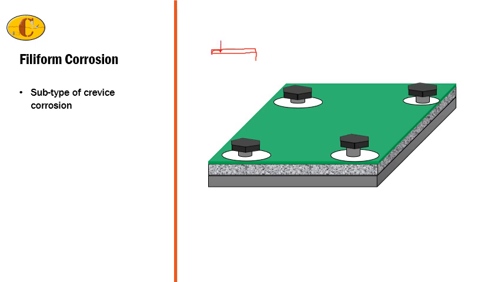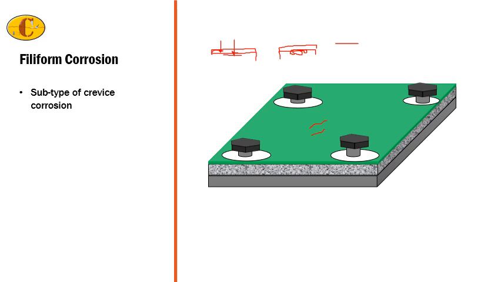So you may have an ingress of materials such as oxygen and moisture through the coating because it is a very thin coating, and they will interact with the underlying metal substrate. As a result, the coating will remain intact, but there will be corrosion occurring at the metal surface. As a result, on the surface the coating may look a bit protruded. That is called filiform corrosion.